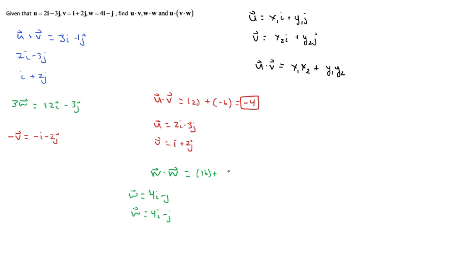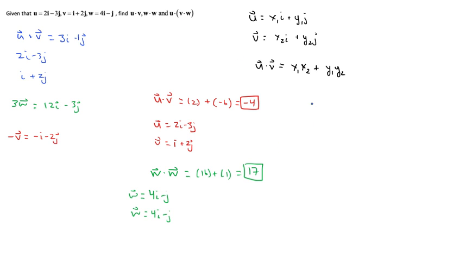Negative 1 times negative 1 is positive 1. Add these together, and we get the final answer, which is 17. Remember, the dot product is just a number. It doesn't really mean much, except in special cases. So if the dot product is equal to 0, then that actually is quite important.